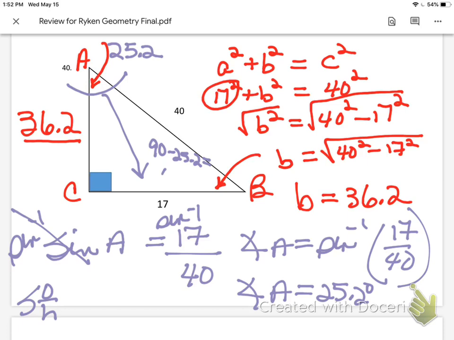Angle B is 64.8 degrees. And every value for this triangle is now attained. Okay, we have the two angles and we have the missing side. So we are all set to go, and that completes this review.